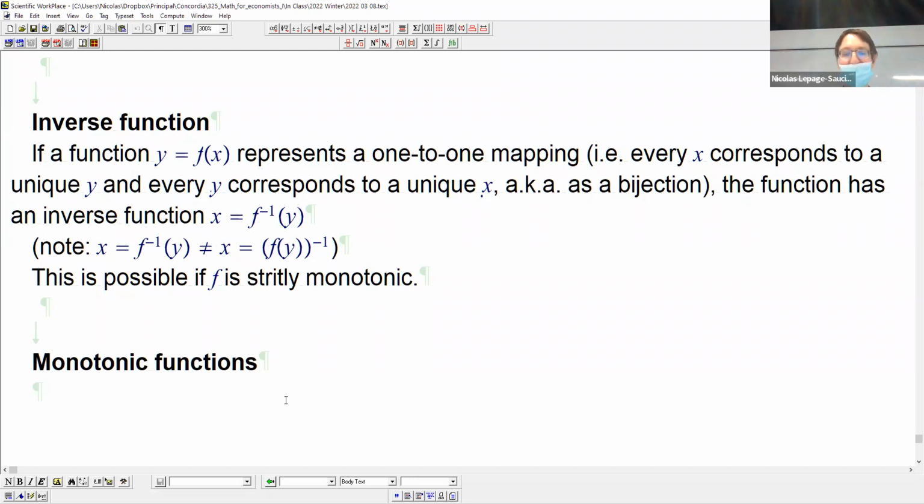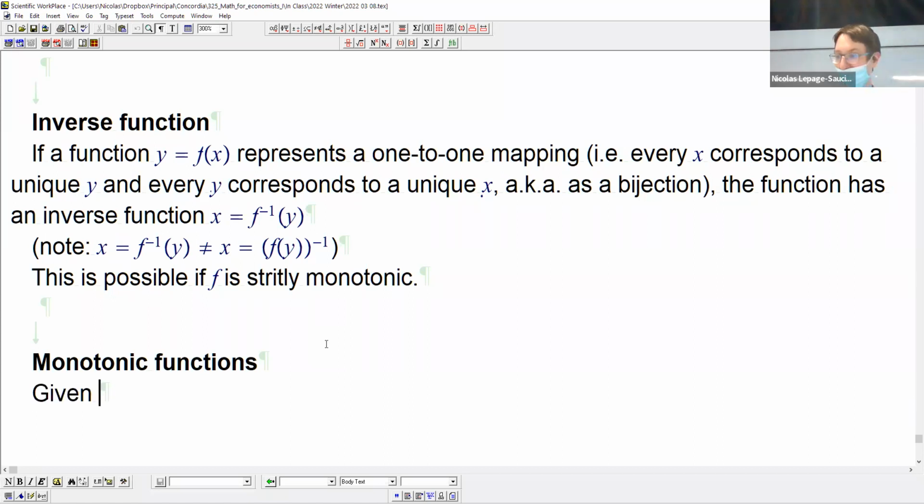If f is a monotonic function, then for every x that's higher than some other x, it has to correspond to a y that is higher than the other y. If it's strict, then for x larger than some other x, y is strictly larger than the other y. So it's always growing, is what it is.